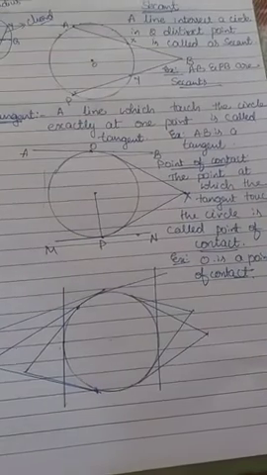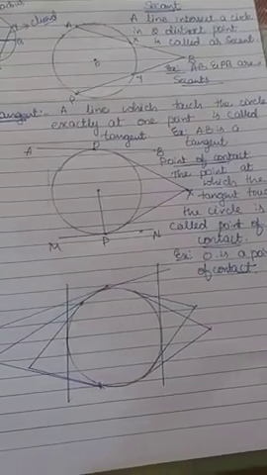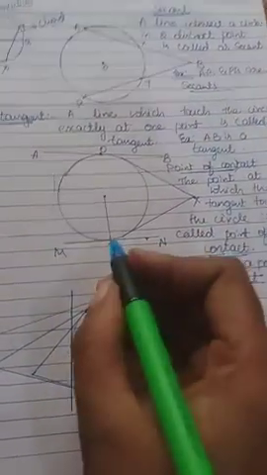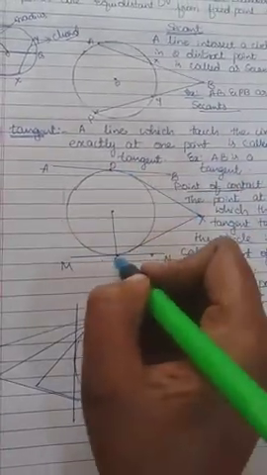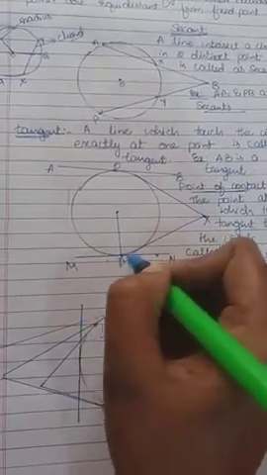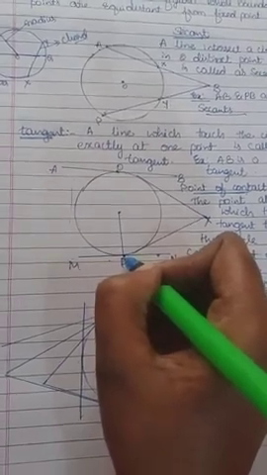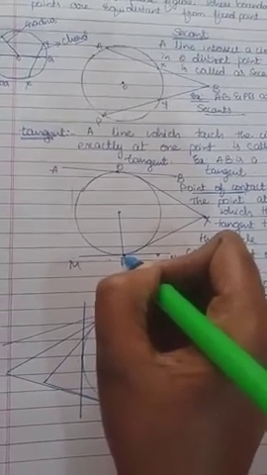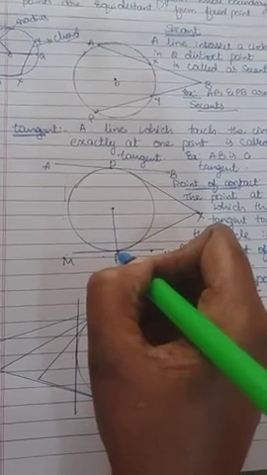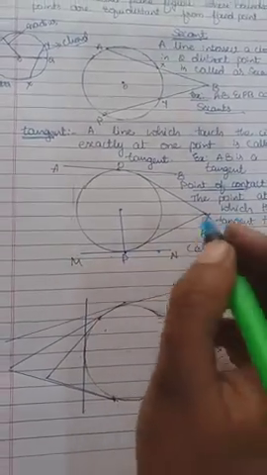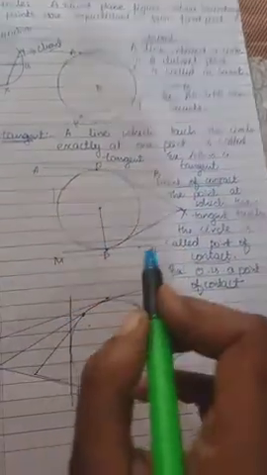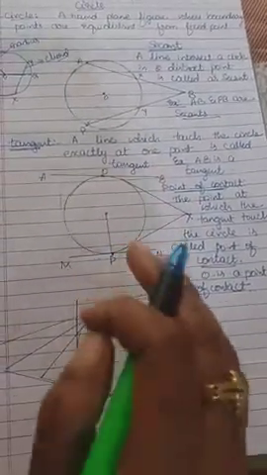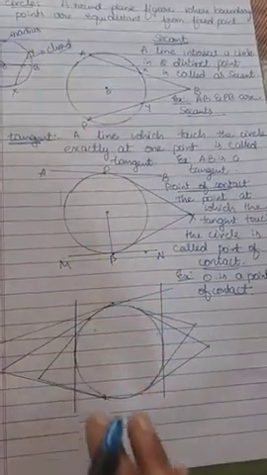It has to touch the circumference at the point. That is very important.